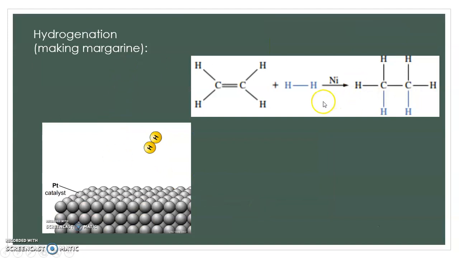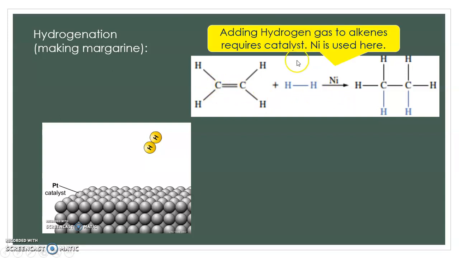Hydrogen gas can also be added to a double bond. Here we require nickel or sometimes platinum, these kinds of solid metals, as a catalyst. Here is a reaction mechanism. It literally shows how a heterogeneous catalyst works. The reaction is actually happening between two gases, but the phase of the catalyst, platinum, is solid.